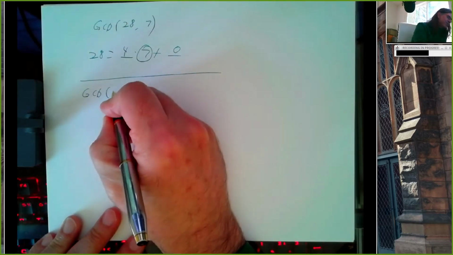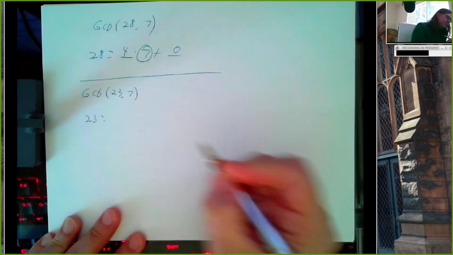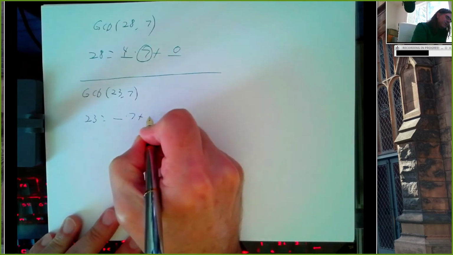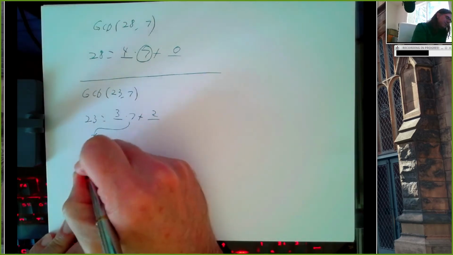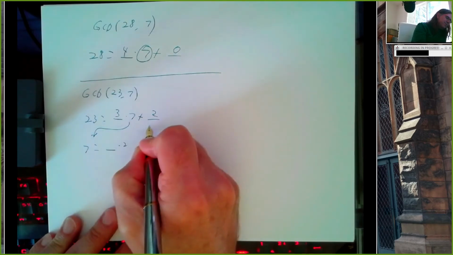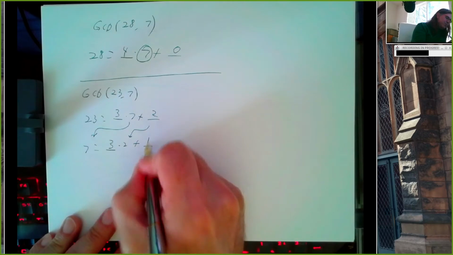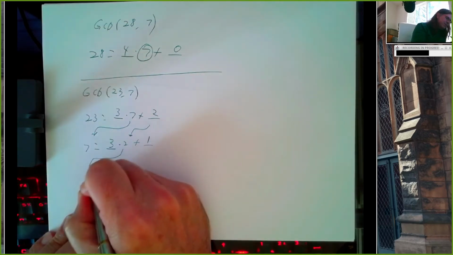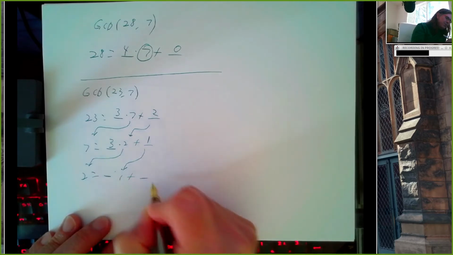So greatest common divisor of, say, 23 and 7. So we could write 23 equals something times 7 plus something. Well, this goes in 3 times with 2 left over. 7 equals something times 2 plus something. Well, this goes in 3 times with 1 left over. Take the 2 down. 2 equals something times 1 plus something.